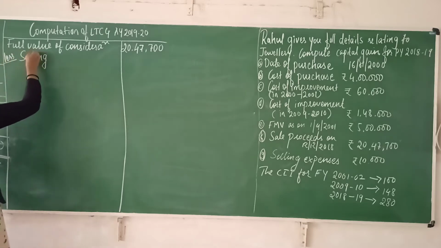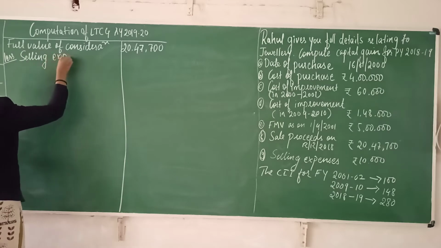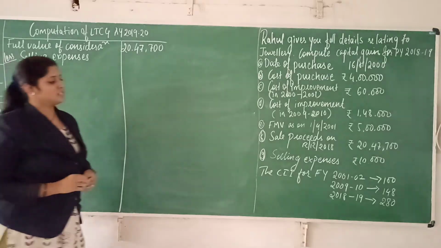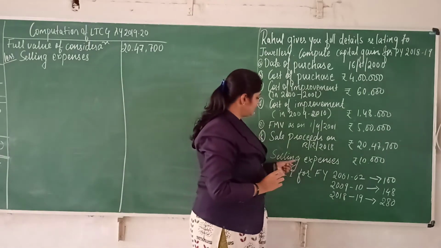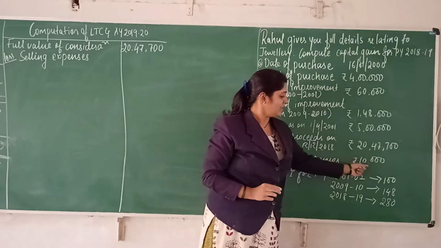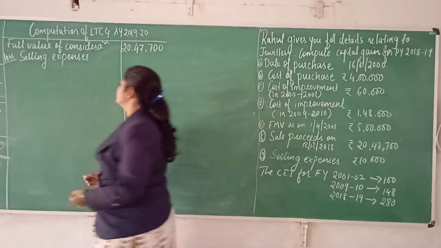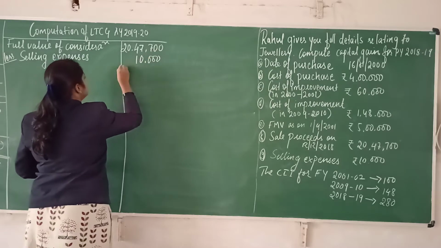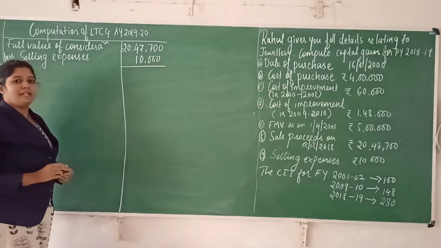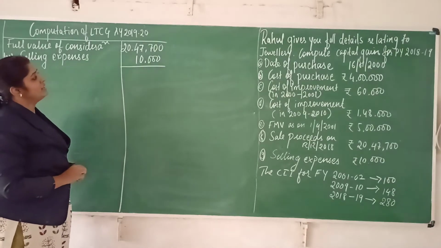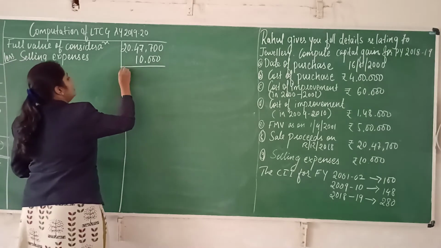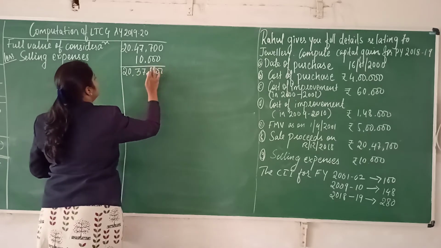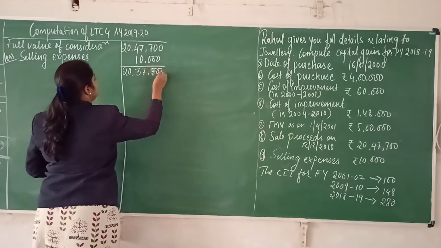From this we need to deduct selling expenses. Just check what the selling expenses given are. Selling expenses are 10,000. So deduct 10,000 rupees from full value of consideration, that is 20,47,700 minus 10,000 is 20,37,700.